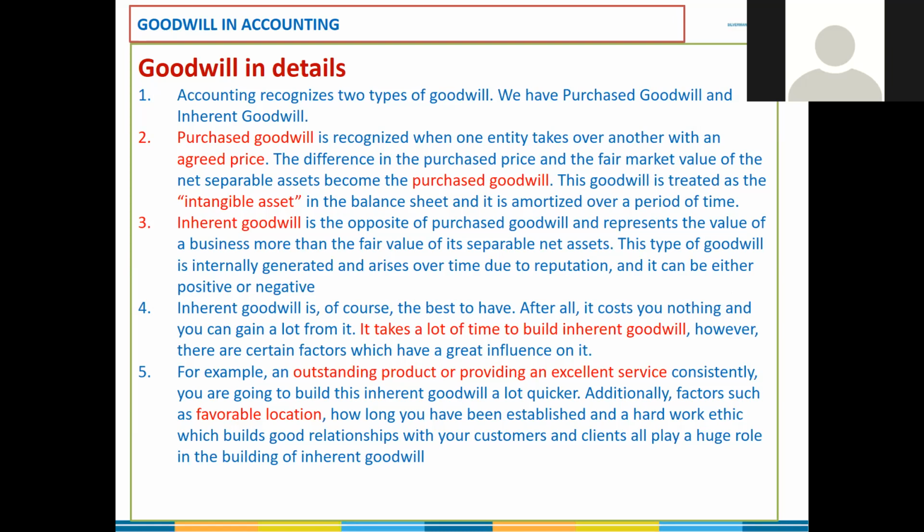You see, over here, we see that before you can build a goodwill, you must be providing excellent service or excellent product consistently. That is, you don't do it today, tomorrow you stop. You do it next day, you stop. But you must be consistent in providing those services to your clients. Then by that, you are building the goodwill.